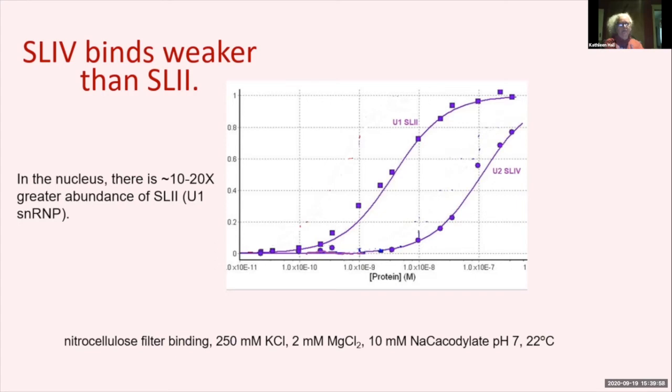But that's significant because in the nucleus, the biology is such that there's an overabundance of stem loop 2 as part of the U1 SNRP. The U1 SNRP is probably at least 1 million copies per cell, whereas the U2 SNRP, where the U2 stem loop 4 comes from, is at least 10-fold less than that.